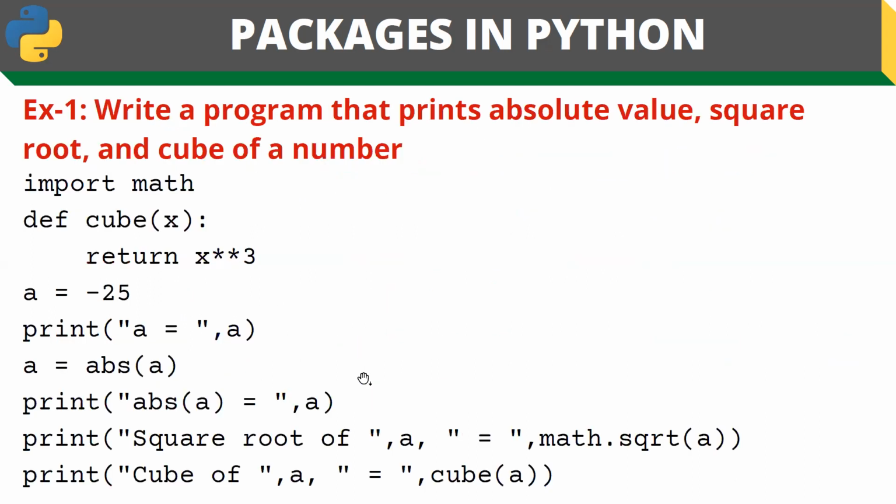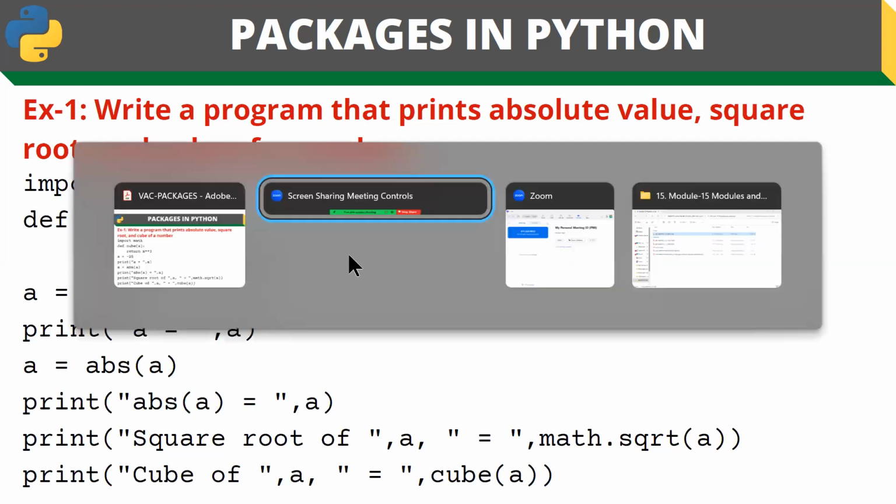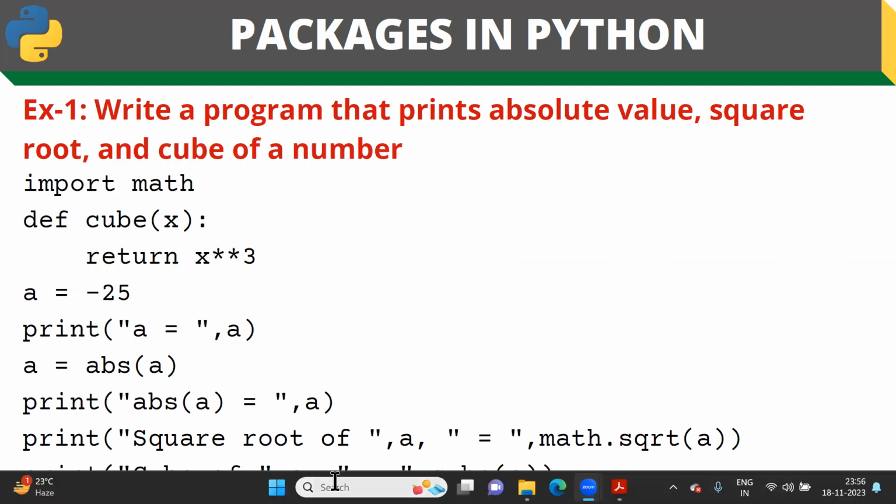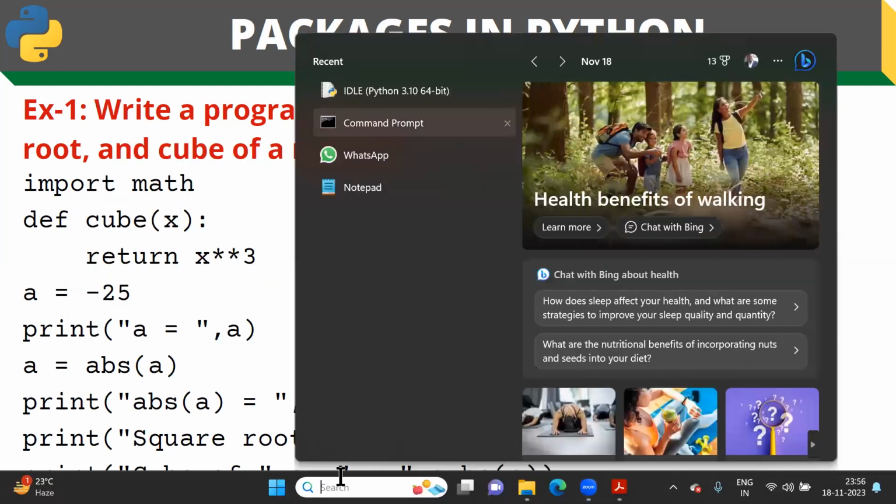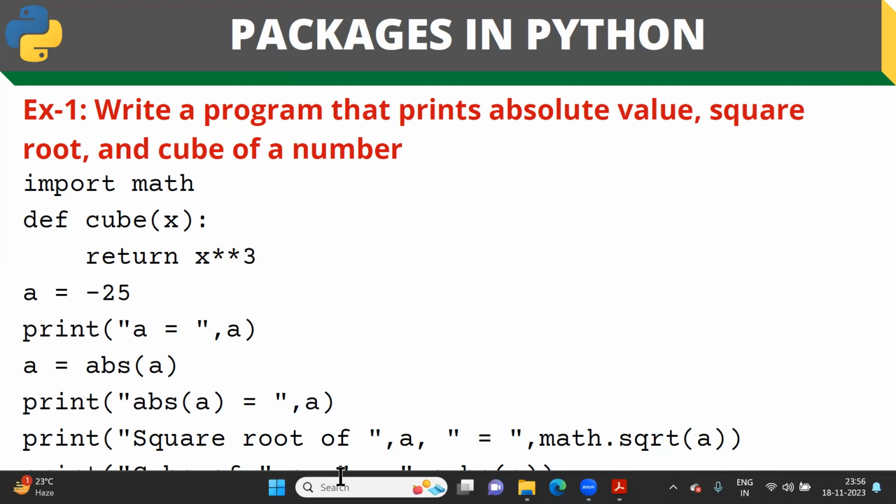Let us check sample programs. The following program demonstrates printing the absolute value, square root and cube of a number using the package math. Let us check this program live. Go to your Python IDLE or IDE, whatever you are using.